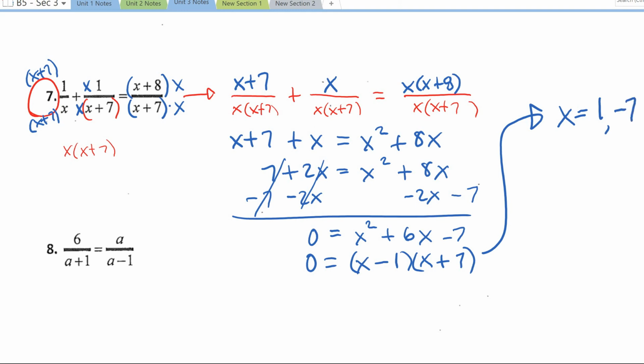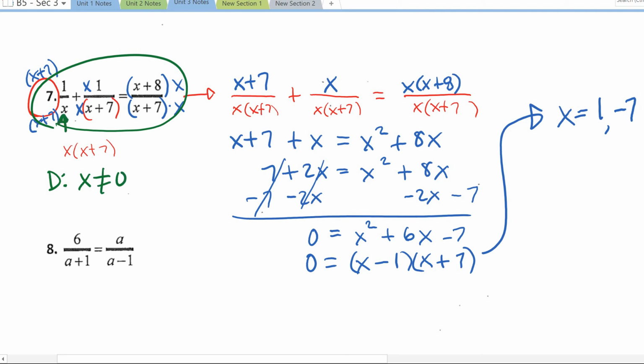But come back over here to our original problem. The domain of our original problem is that x cannot be 0, because if this number right here is a 0, the fraction's undefined. And x cannot be negative 7, because if this number right here is negative 7, then the fraction's undefined.